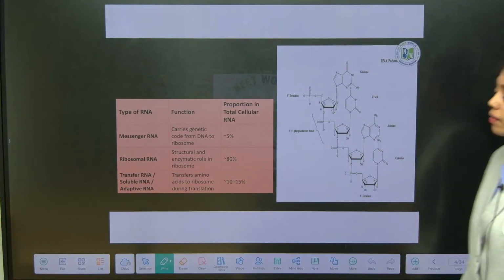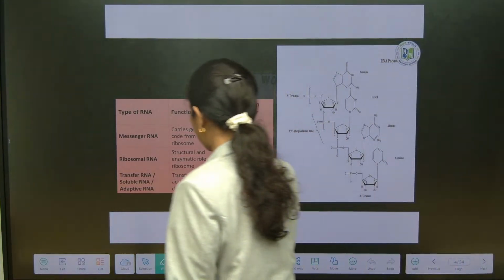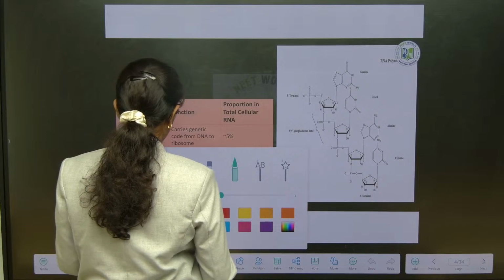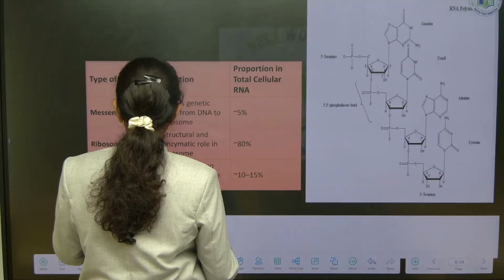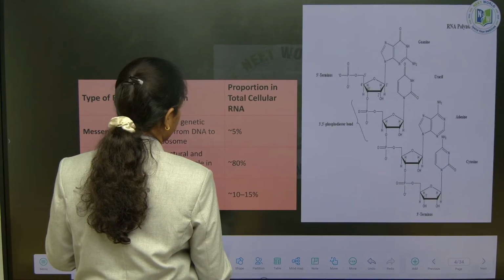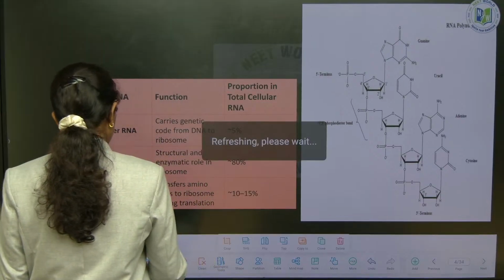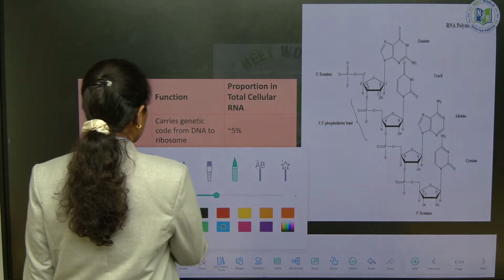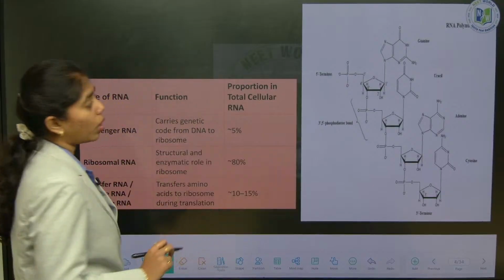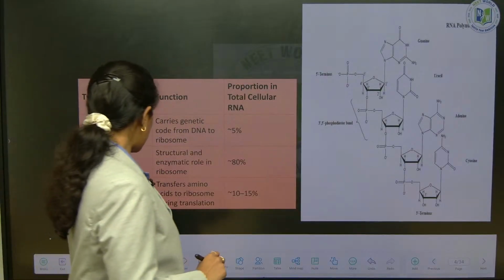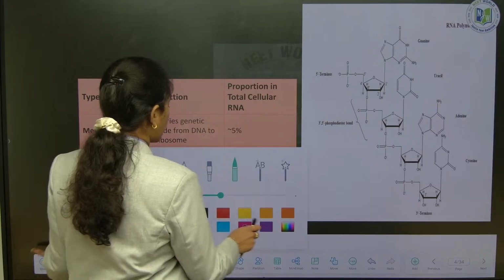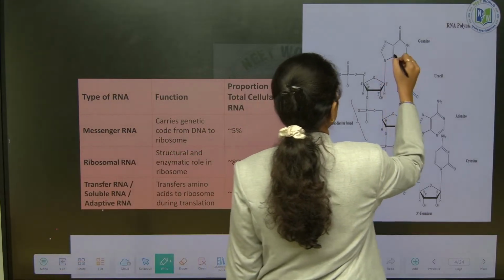Now, here we go with types of RNAs. We have 3 different types of RNAs like mRNA, rRNA and tRNA. What will be the linkage of RNA here? RNA is linked by the same bonds, right? One nucleotide is connected to other nucleotide by phosphodiester bond only.